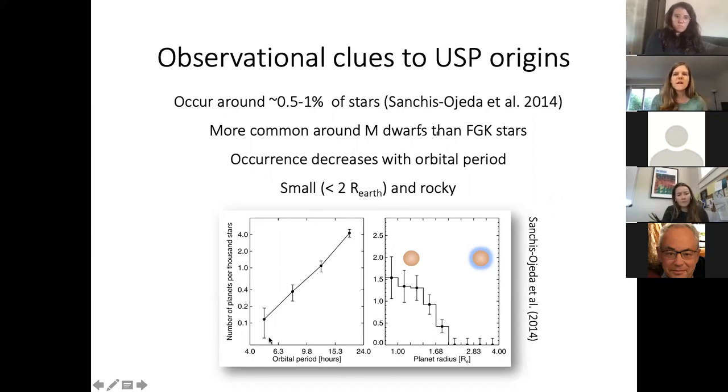And finally, they're also generally pretty small planets, less than 2 Earth radii, as we can see in this radius occurrence plot. And so this means that if they initially had any amount of hydrogen-helium envelopes, they likely lost those envelopes due to intense radiation from the star.